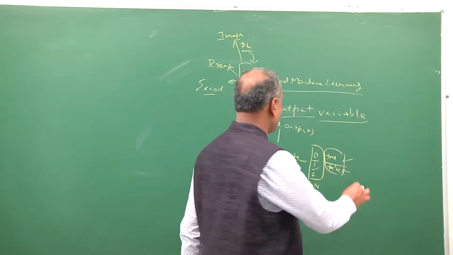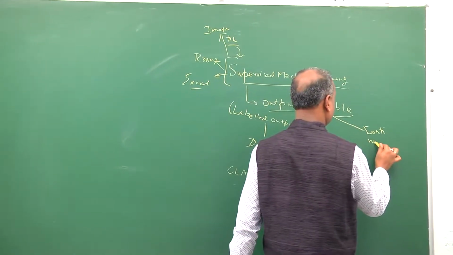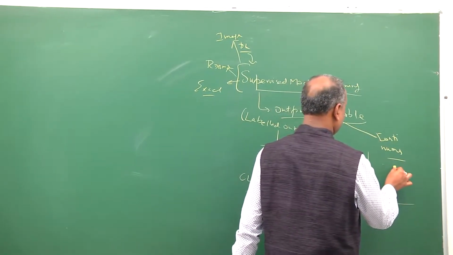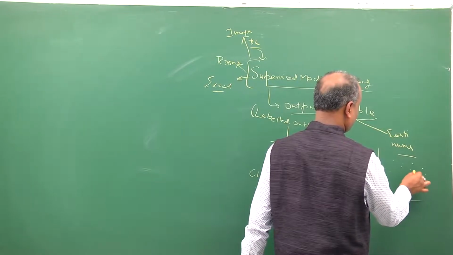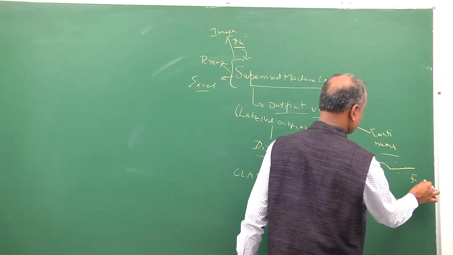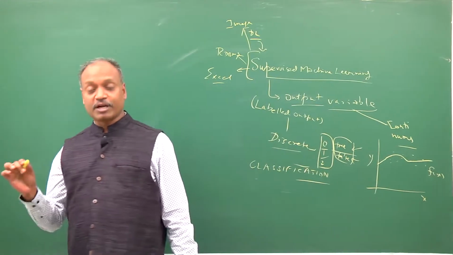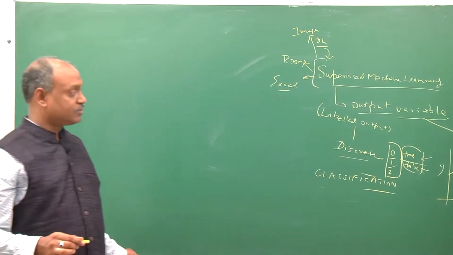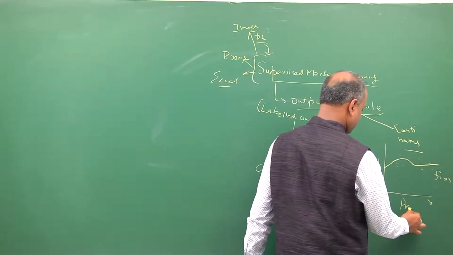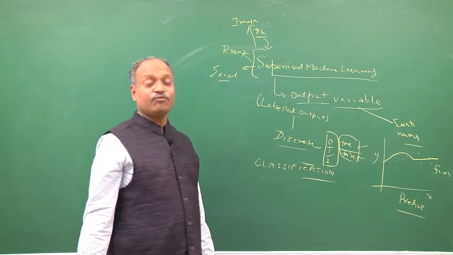On the other hand, if you have the output variable as continuous, there you try to create some kind of a function which represents the output continuous data in terms of the input variables. So what happens is you are trying to use the machine learning algorithm to predict a potential future value.